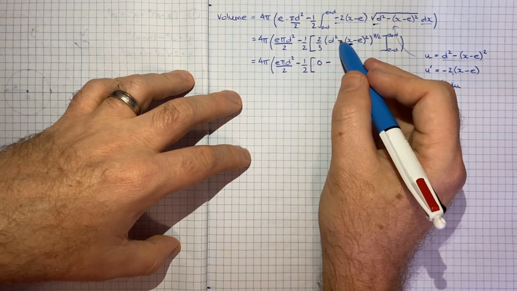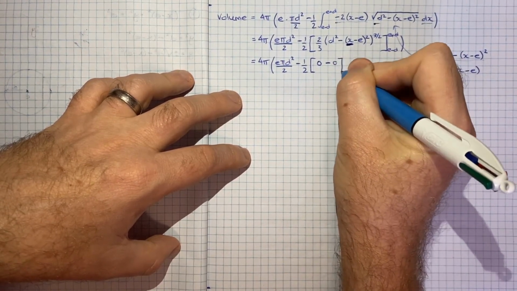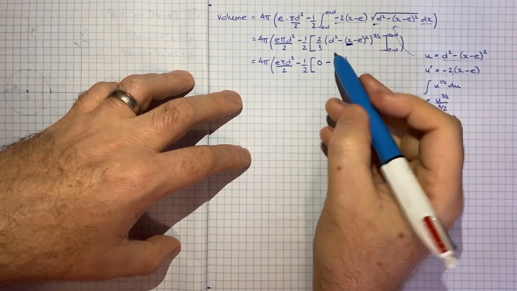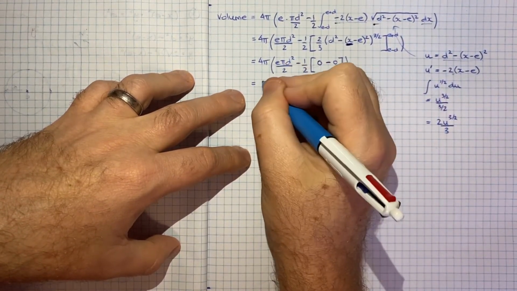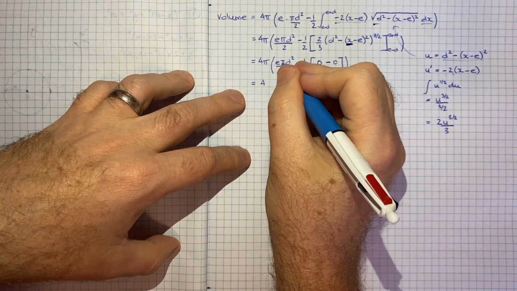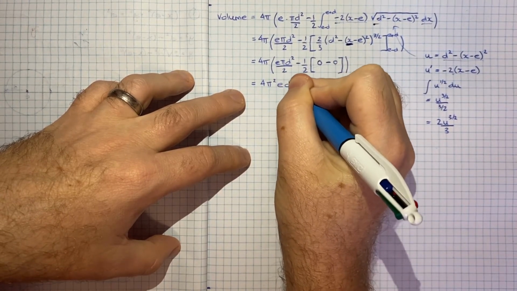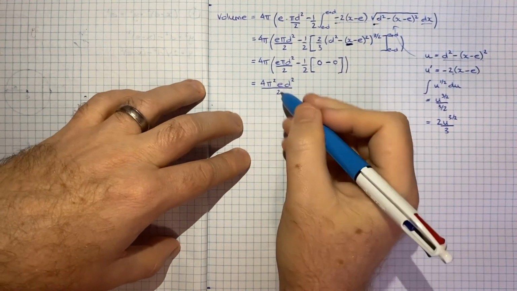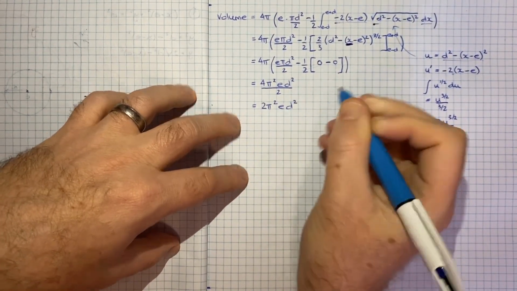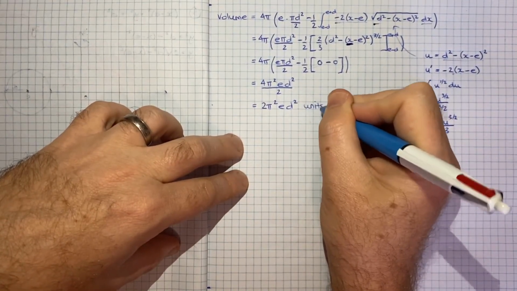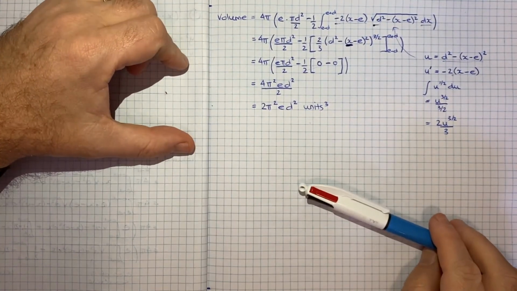So d squared minus d squared, also 0. So that all simplifies to 0. So this all disappears actually. And so we get 4 pi times pi, we'll get a pi squared there. e d squared on 2. The 4 and the 2 will simplify to just be 2 pi squared e d squared units cubed. Alright, and so that is the volume.